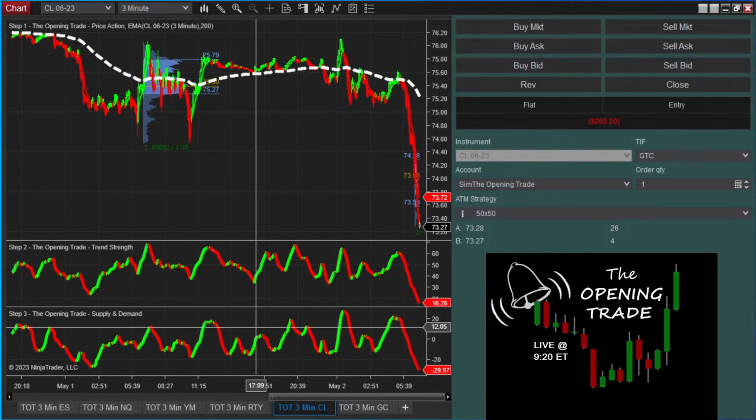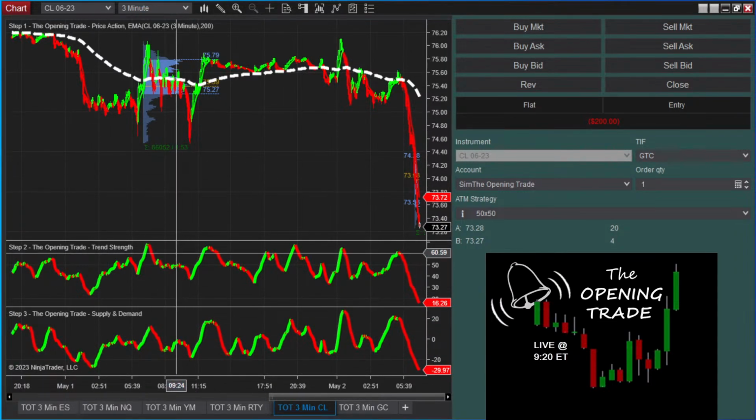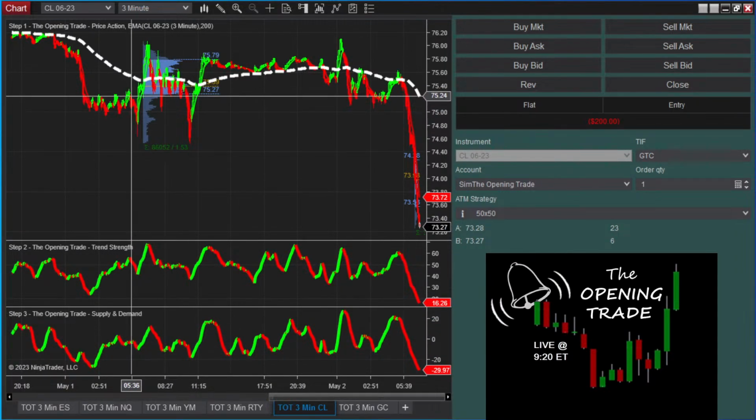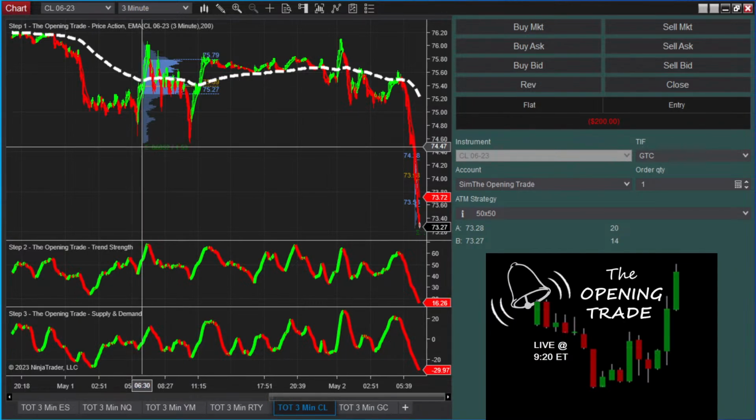So for crude oil, right now that's the horizontal level.